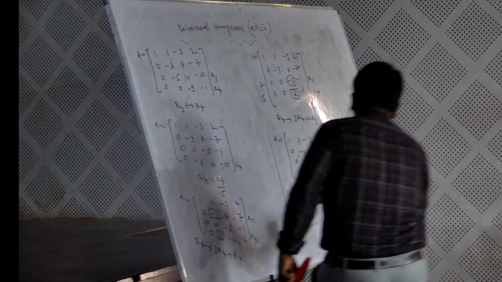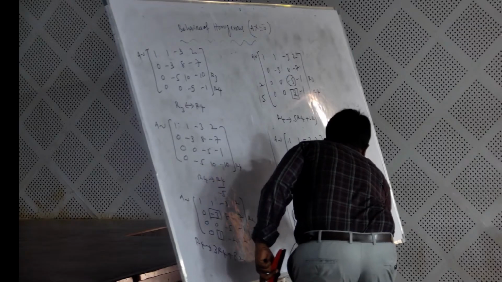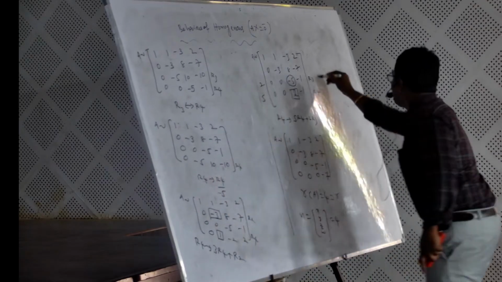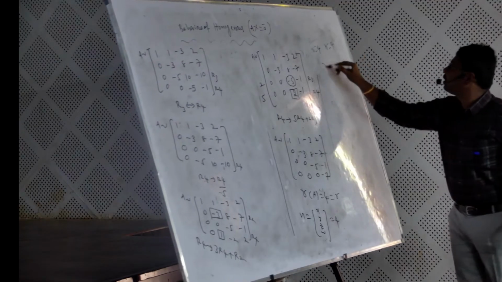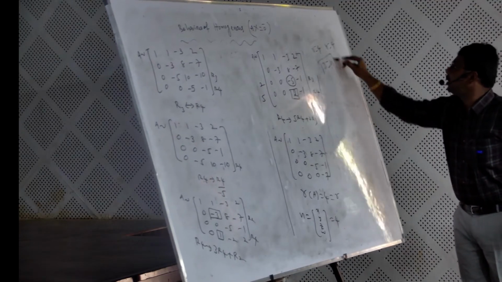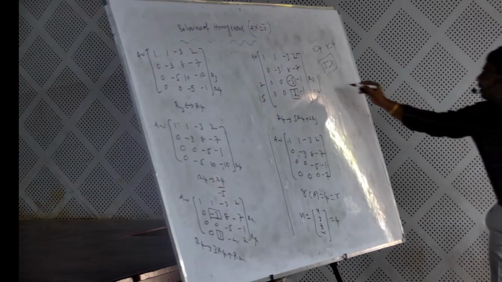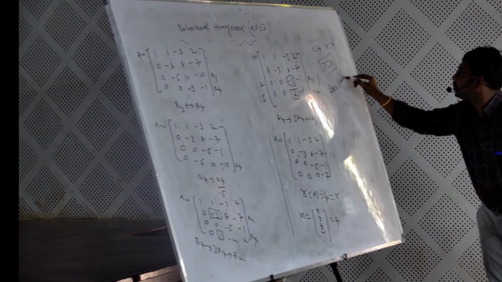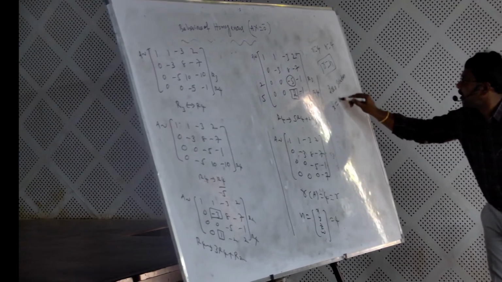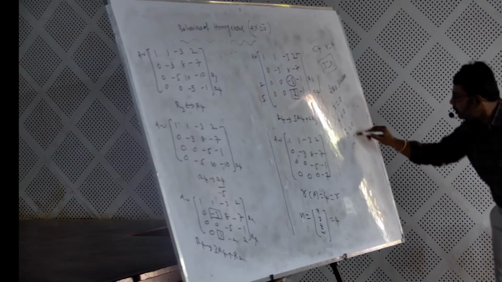Here, small n is X, Y, Z, W. What is the relationship between these two? Rank equal to n. See the algorithm. When the rank and n are both the same, what will happen? It gives which solution? Zero solution. Zero solution means here what is the answer? X0, Y0, Z0, W0.